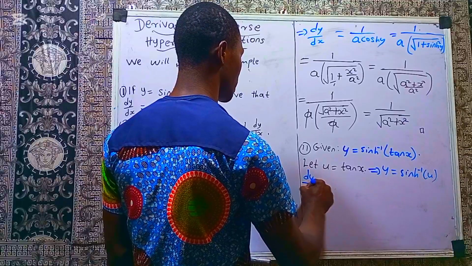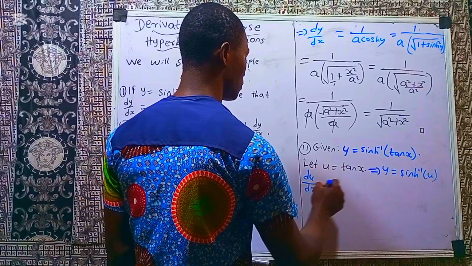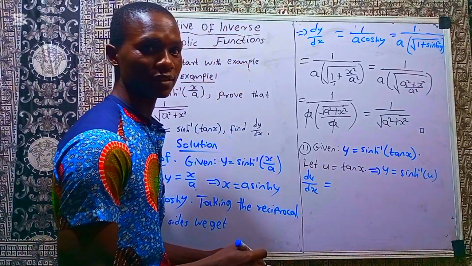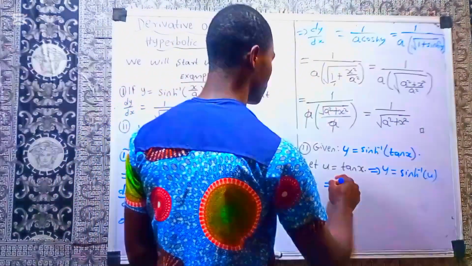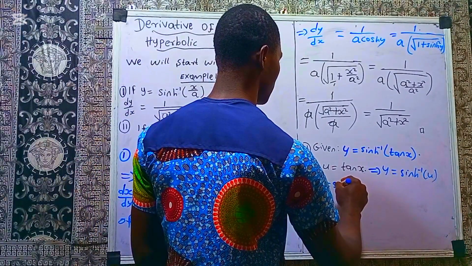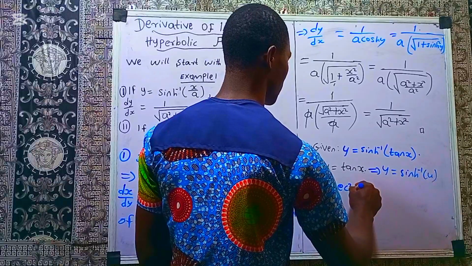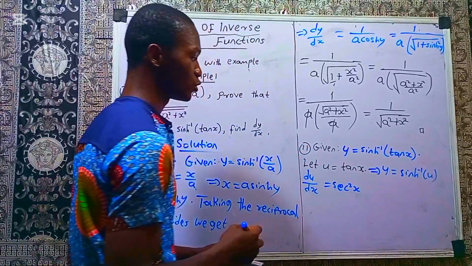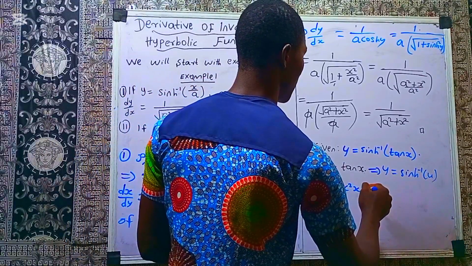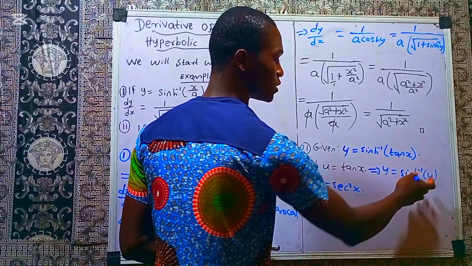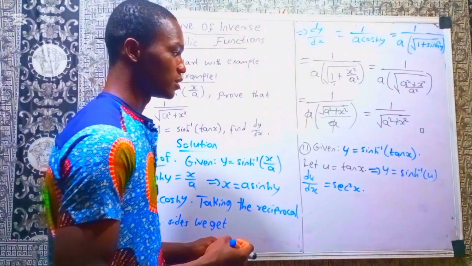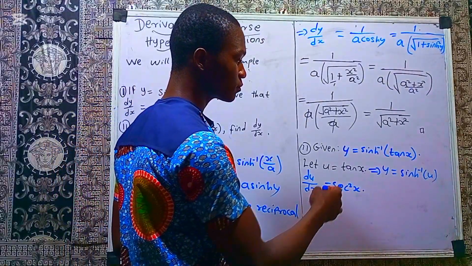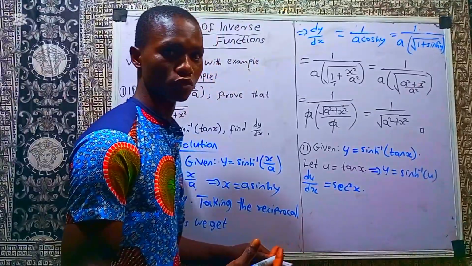du/dx will be, if you differentiate tan, what will you get? Sec squared. So this will be positive sec squared x. That's what you get. Then this one now, we'll differentiate this quantity with respect to what? u, right?